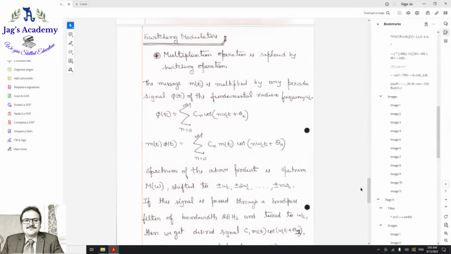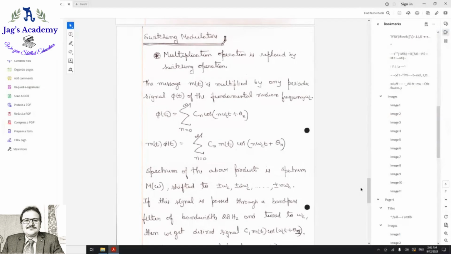And how do you get that expression? Just by multiplying your message signal with the periodic signal. Just multiplication. Right? Just multiply your m of t by any periodic signal phi of t of the fundamental radian frequency omega c.